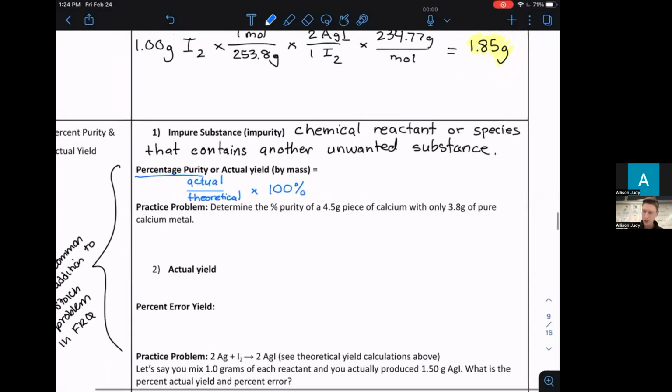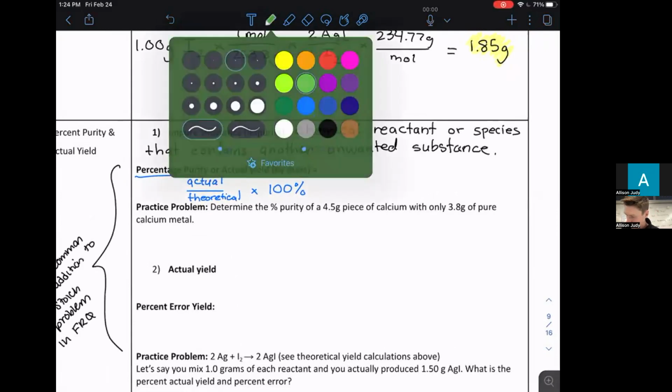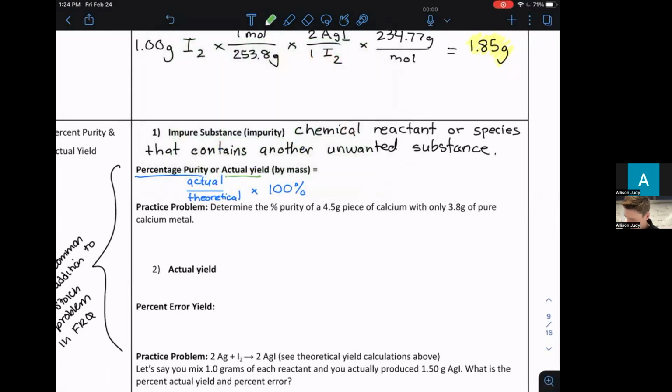And then our actual yield is going to be our pure mass over our sample mass times 100%. So these are both very similar because they're very similar measurements.